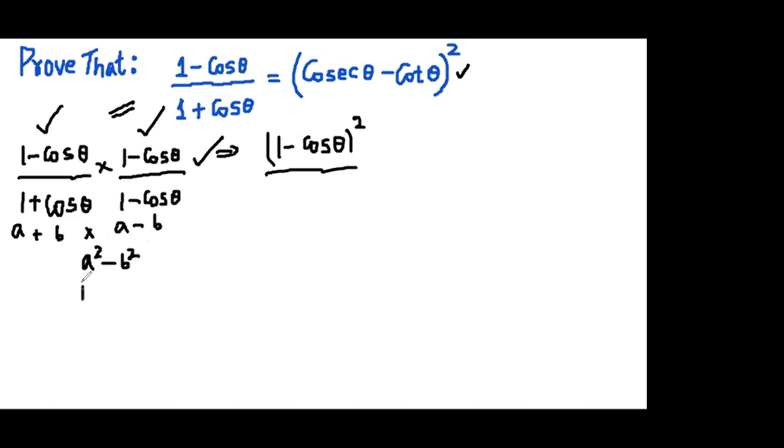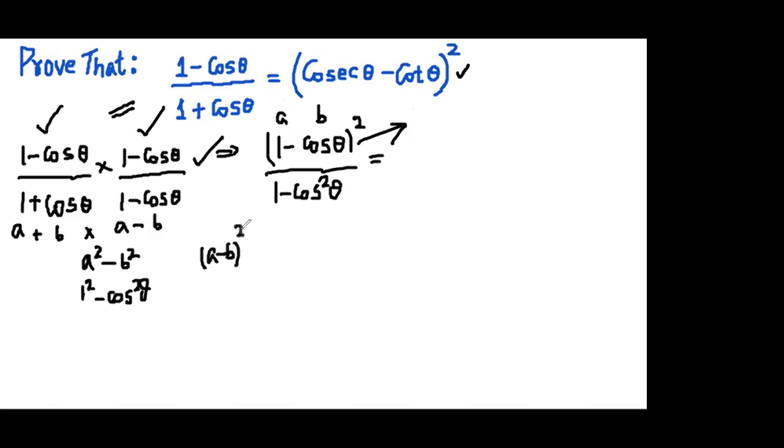So a square means 1 square, b square means cos square theta. So you will get 1 minus cos square theta. The numerator, suppose it's a and it's b, will be a minus b whole square. What is the formula for a minus b whole square?